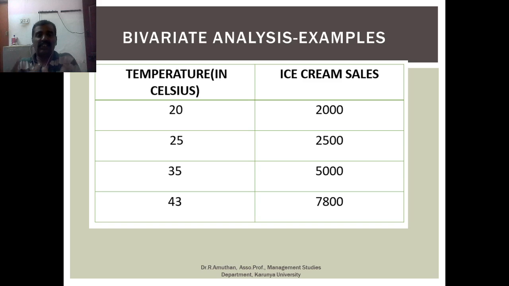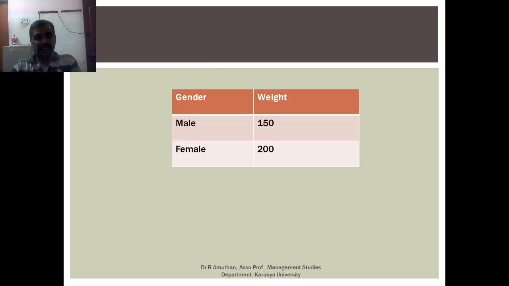This small analysis tells you that as the temperature shoots up, ice cream sales also shoot up. So there is a little bit of correlation between the temperature, the weather report, and the ice cream sales. People go in for consuming more ice cream because they want to quench their thirst. Now coming to the next one, gender and weight. The same thing I have given here.